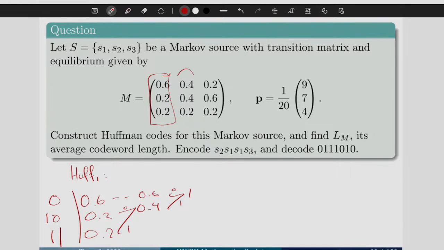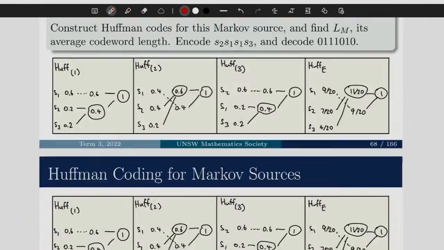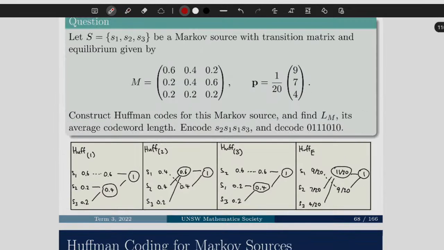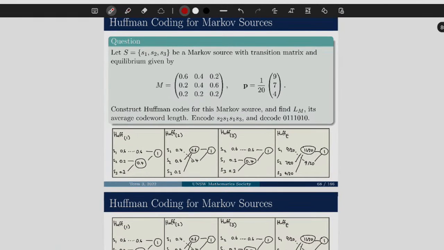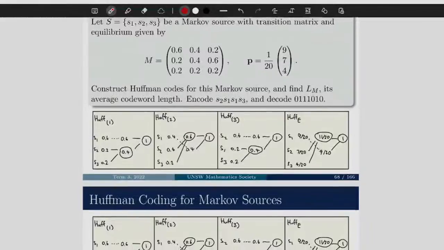I'm going to do this with all of these columns to get Huffman 2 and Huffman 3, and then if I do it here as well, I'm going to get my Huffman E. If you want to see what that construction looks like, it's going to look something like this. We've circled the chart notes for you to make it easy to find the average code word length later.